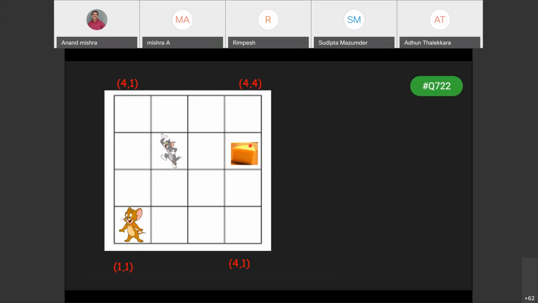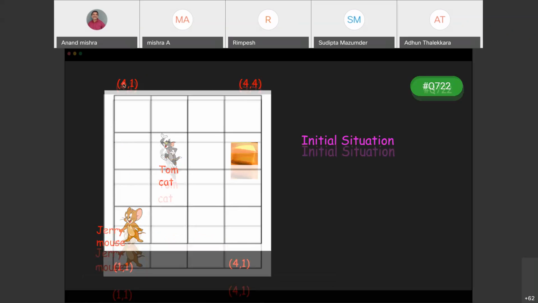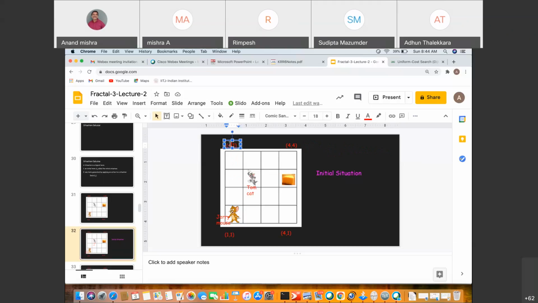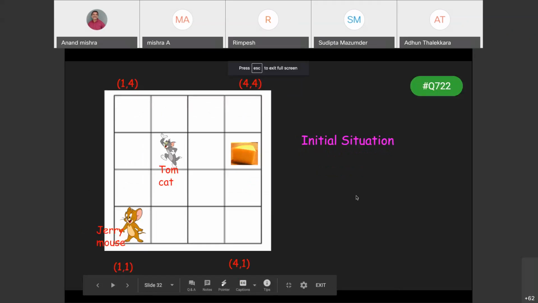Tom is the cat, Jerry is the mouse. The rooms are 1-1, 2-1, 3-1, 4-1, and similarly this should be 1-4, and that's 4-4. So this is the initial situation.